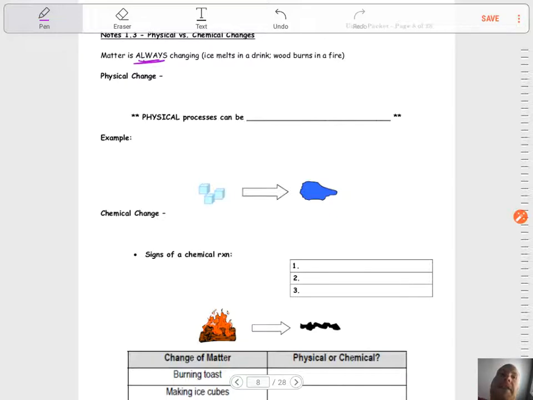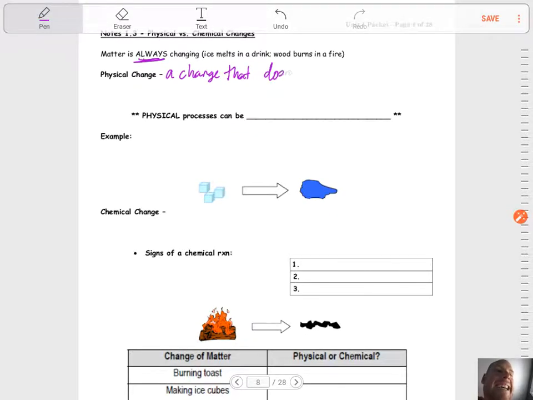So again, definition stuff here. A physical change is a change that does not alter the chemical properties of a substance.